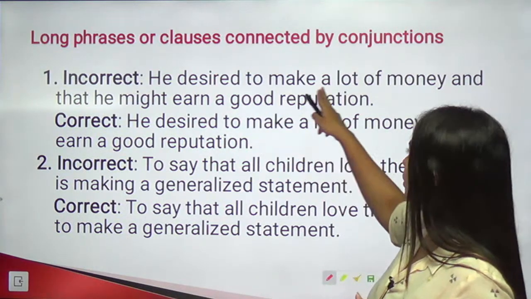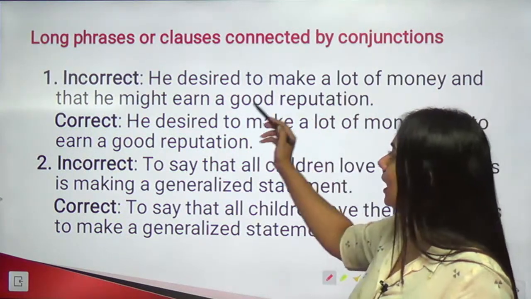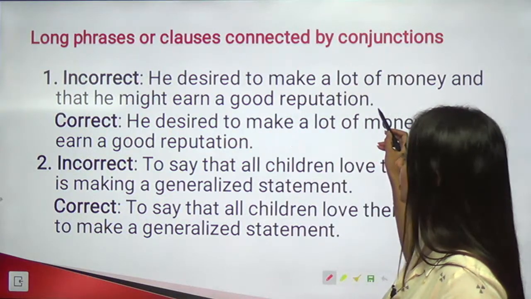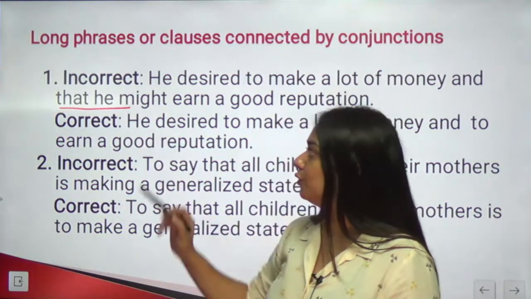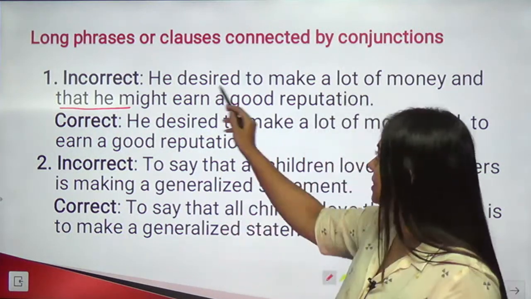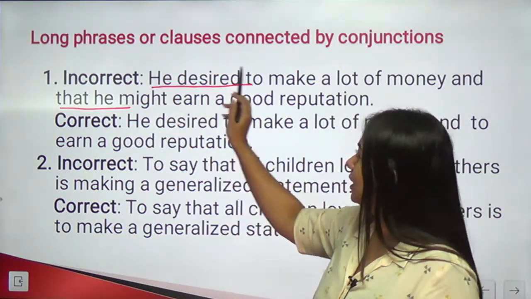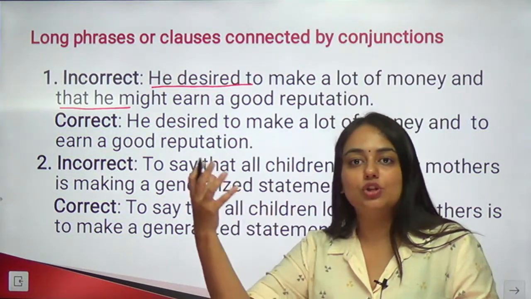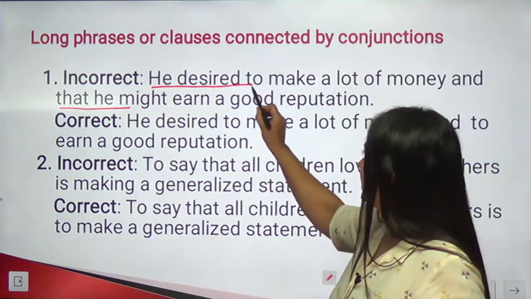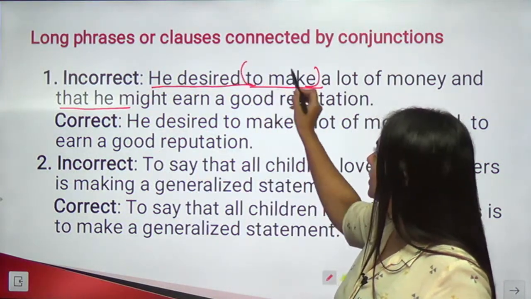He desired to make a lot of money and that he might earn a good reputation. So how can I now change the form? After "he desired", you are going to tell those things that he desired. So their structure should be the same. First I used an infinitive, "to" plus the verb's first form.